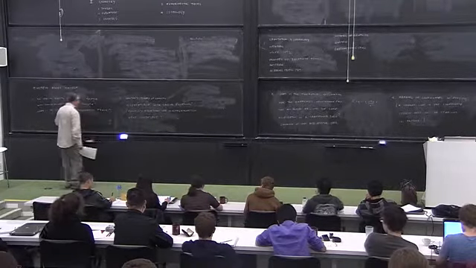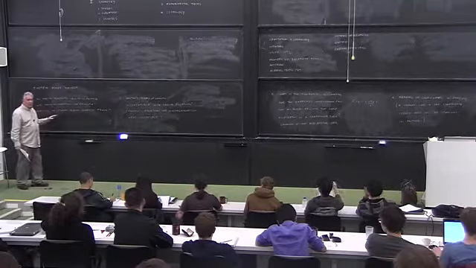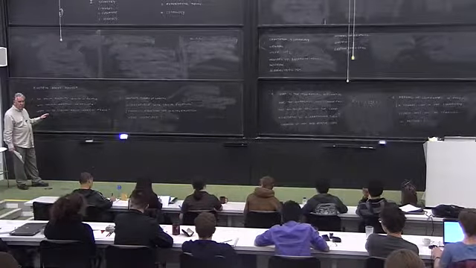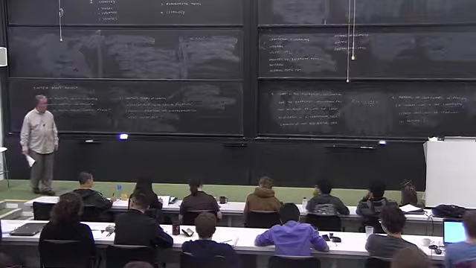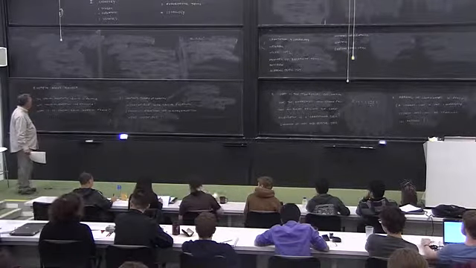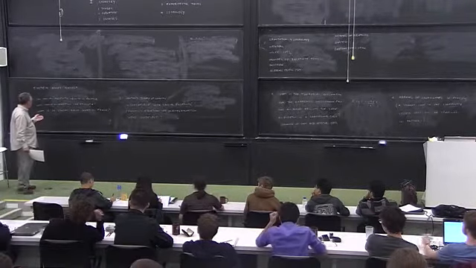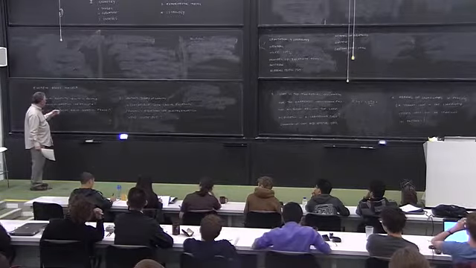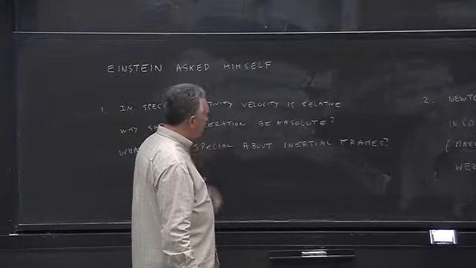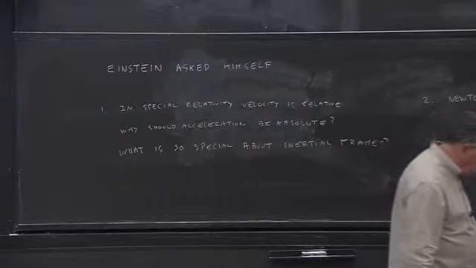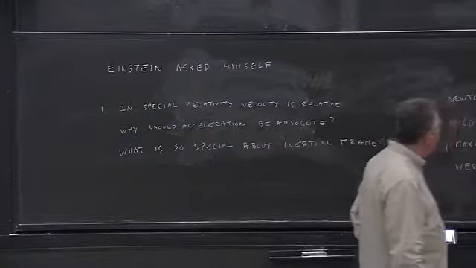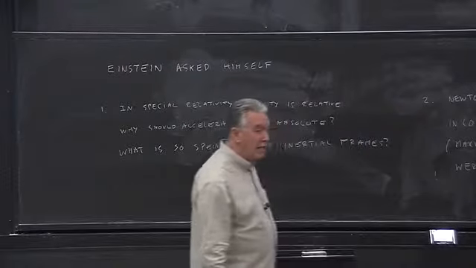Special relativity had worked very well in the domain for which it was supposed to work, which was in the absence of gravitational fields. But when you put gravity in there, things start to get a little puzzling, because you'd like to be able to know why it is that acceleration is not as relative as velocity.